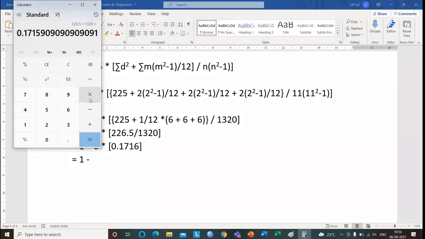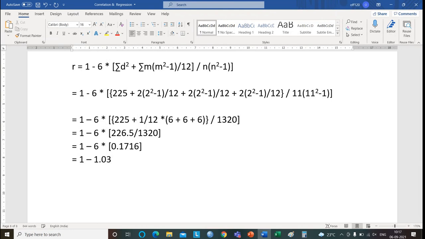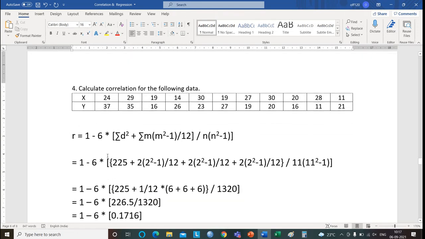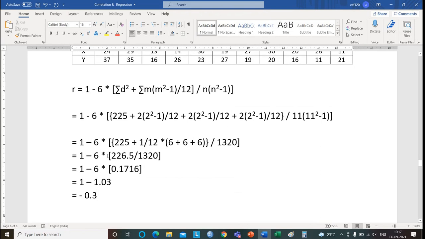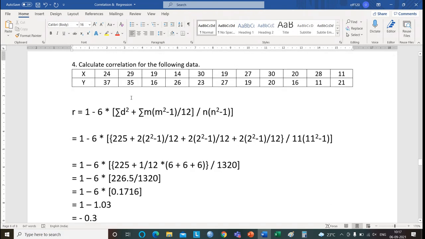Multiplying 6 into 6, I got 1.0295, that means about 1.03. So 1 minus 1.03, I get the answer as minus 0.03. That means there is a negative correlation between x and y. Since the r value is less than 0, x and y are negatively correlated.